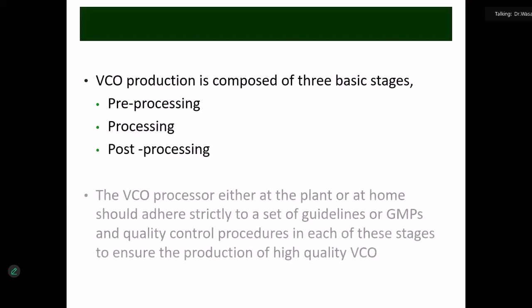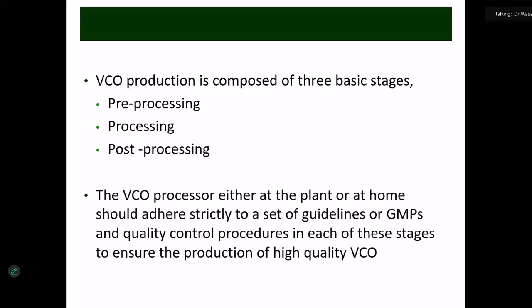So virgin oil production is in three basic stages. Pre-processing means preparation of raw material: harvesting, seasoning, and up to splitting for processing.